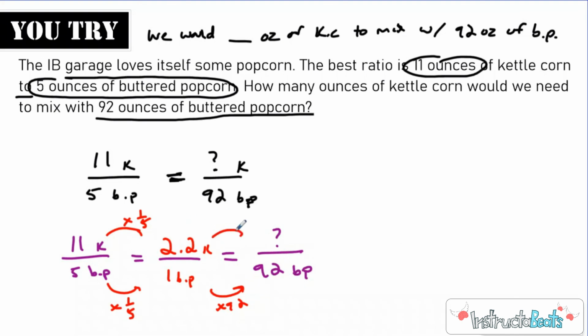So now I just need to multiply each of these using a scale factor of 92, and I'm going to get 202 4/10 ounces of kettle corn as my answer. So if I had 92 ounces of buttered popcorn, I'd want 202 4/10 ounces of kettle corn to keep that delicious ratio.